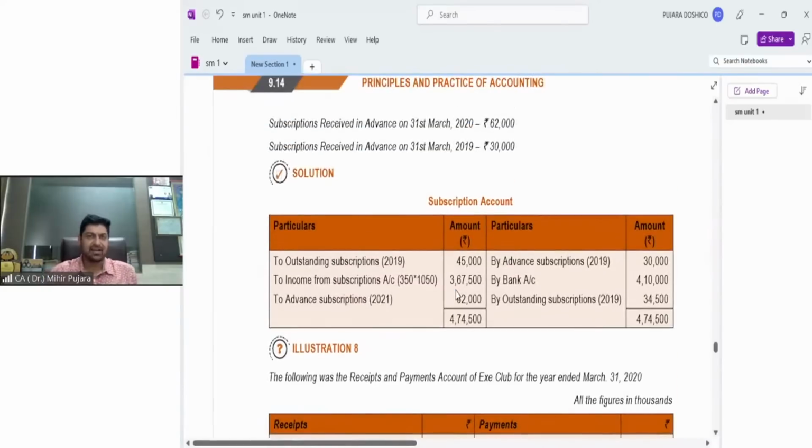And these are both the advances. This is advance of current year.